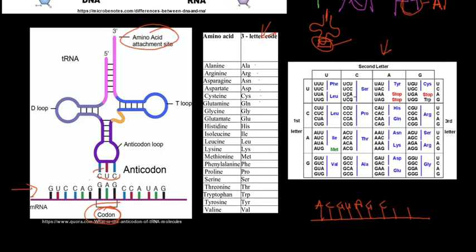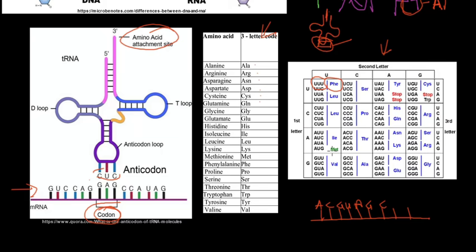But basically it has a predetermined list of what codons will link to what amino acid. For example, the codon uracil, uracil, uracil will be for the amino acid PHE, and PHE is phenylalanine.